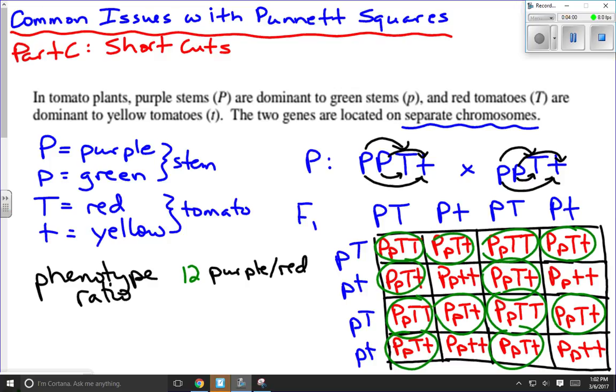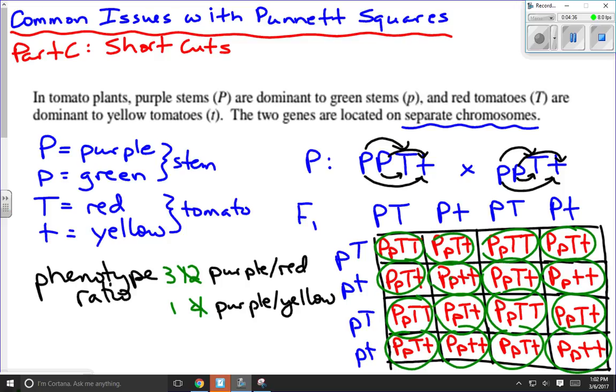So 12 purple stem red tomato. And then we also have, if we look right here, we've got purple stem yellow tomato. So we have 1, 2, 3, 4 of those, and that's our whole Punnett square. We have a 12:4 ratio, which of course can be reduced into a 3:1 ratio of purple red to purple yellow.